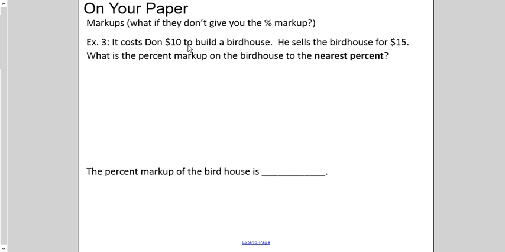Here's an example right here. It cost Don $10 to build a birdhouse. He sells the birdhouse for $15. Let's see. Selling price minus my cost, that means a $5 markup. I want to know the percent markup. So $5 was my markup.